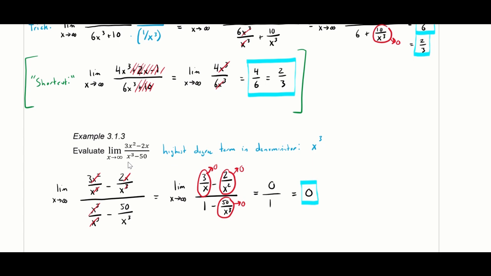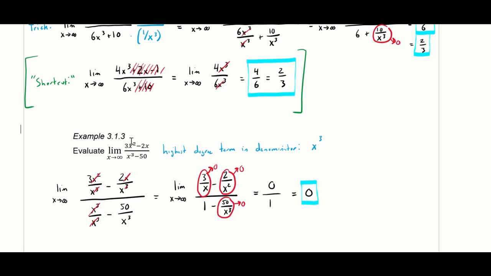Now I can't use my shortcut on this one because my numerator and denominator terms did not have the same degree. One was x cubed, one was x squared. So I'm not going to do the shortcut here, but let's see if this makes intuitive sense based on what we were just talking about, this growth without bound. Notice that my denominator term has a higher degree than my highest numerator term. I have x cubed versus x squared, which means that even though that x squared piece is going to be growing quite a bit, the x cubed piece is growing faster, and it's going to overwhelm the numerator, essentially.